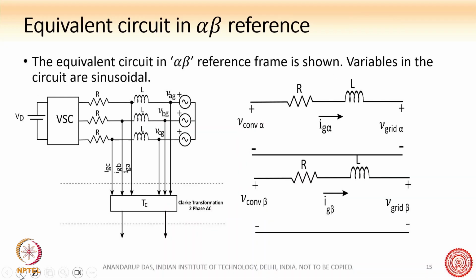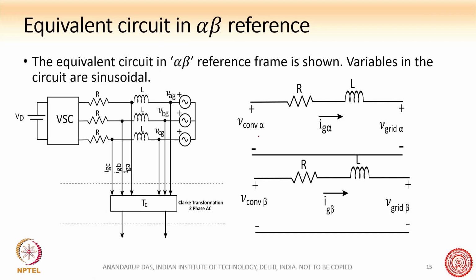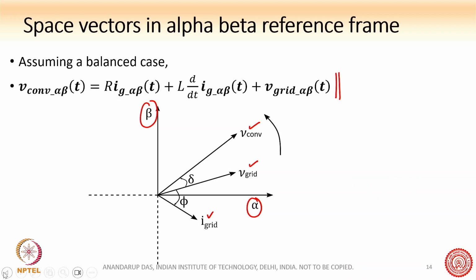We have two circuits corresponding to that, because if you go back and take the real part, V conv alpha equals R into Ig alpha plus L d/dt of Ig alpha plus V grid alpha, all with respect to time.